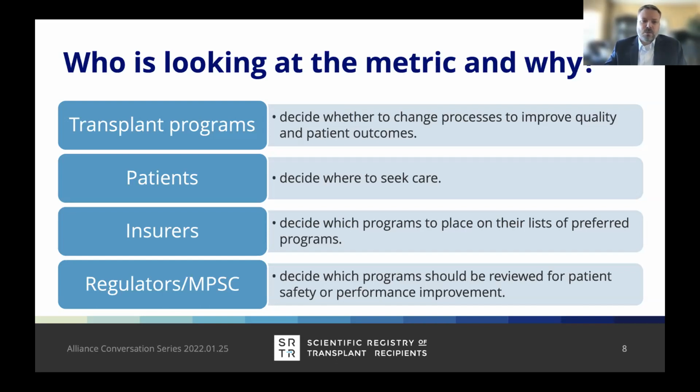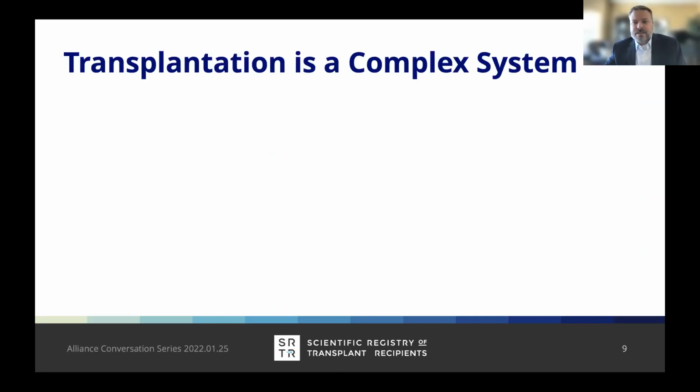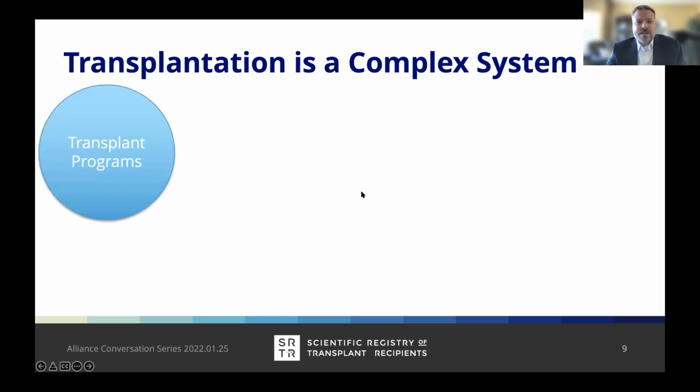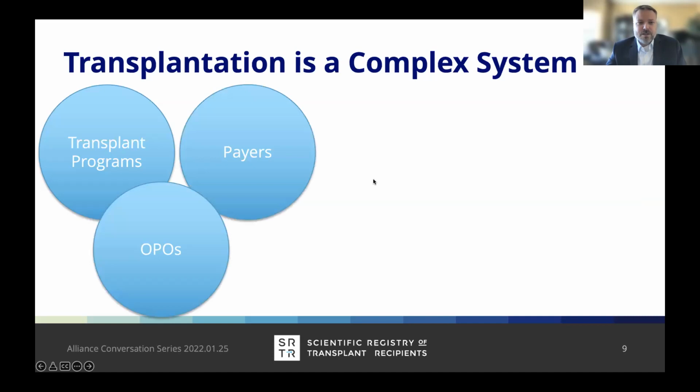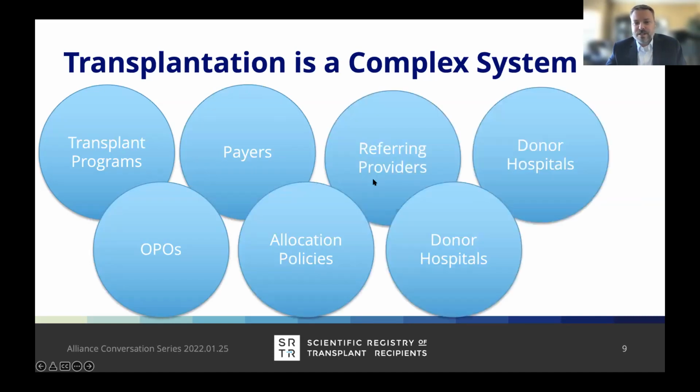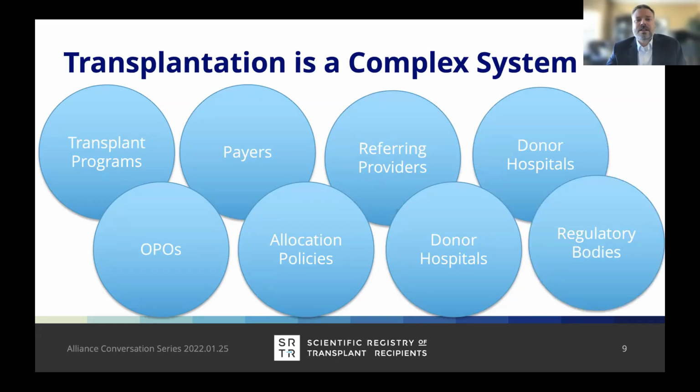The reason this is important is that this is a complex system, as we all know, right? Transplantation involves many players. We all know this very well, those of us on this webinar. Many different organizations and institutions are involved in the process of transplantation.